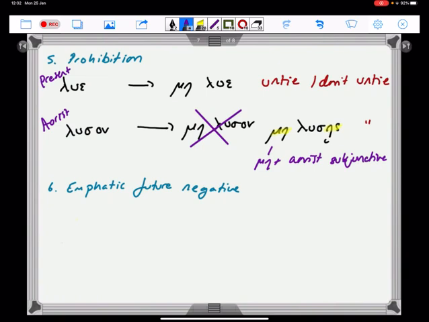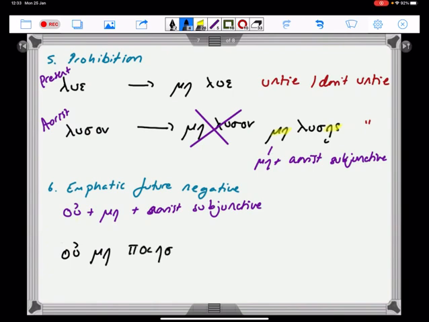The final one you're going to get is the emphatic future negative, and this is the only time you will see ou plus me together, and they're always going to be followed by an aorist subjunctive. So you might get ou me poiesomen.